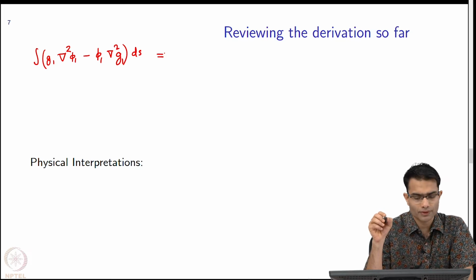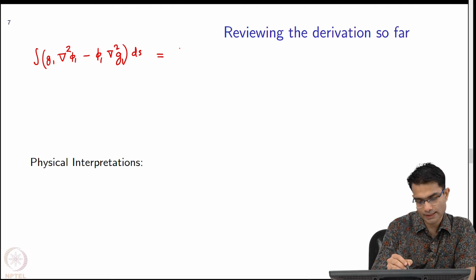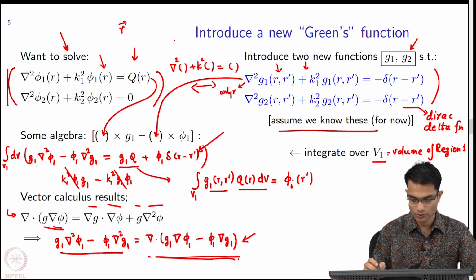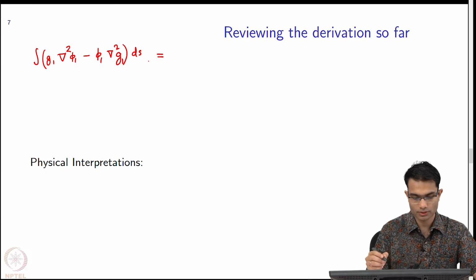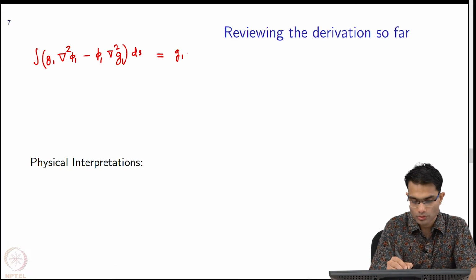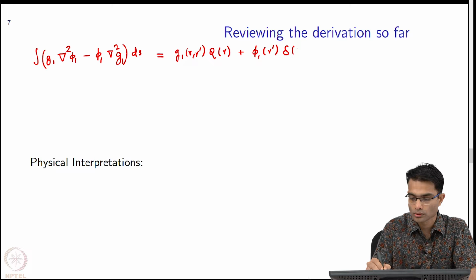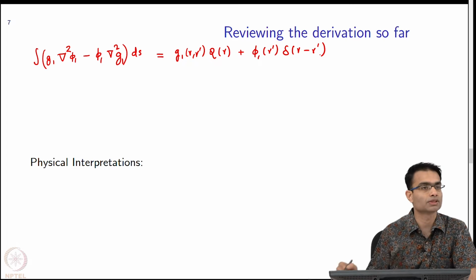So what I was left with on the right hand side is, let's go back to these terms over here. So this term over here, g1, that was the first term, and then I had these terms that we had.